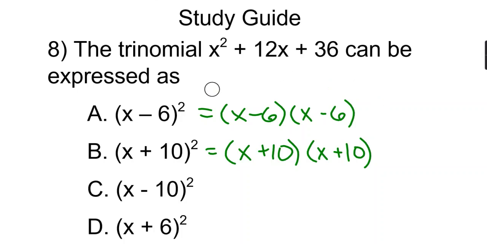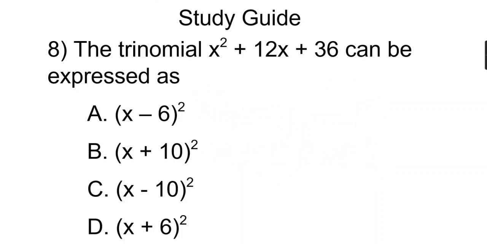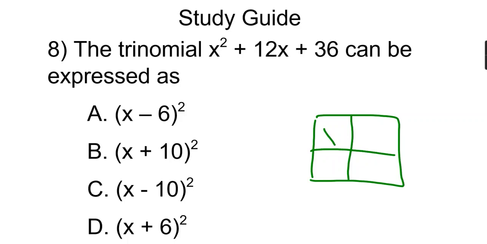Now, because I'm sure not everyone sees the pattern right away, I am going to show it to you like this. So I'm going to put x squared in here, and I know x times x is x squared. I'm going to put 36 in here. Now, I'm looking for two numbers that when multiplied get me 36, and when I add them together, I get 12, and you saw why in the previous problems, right?